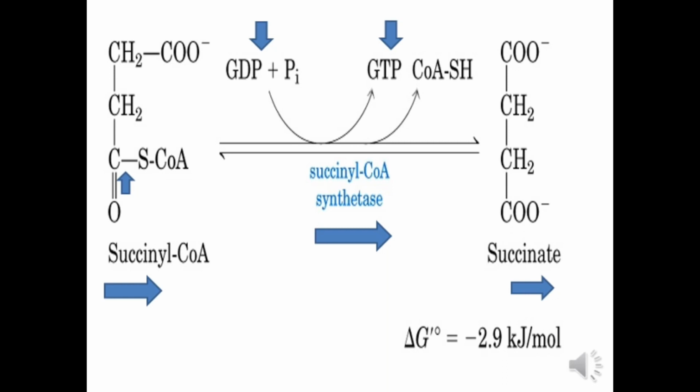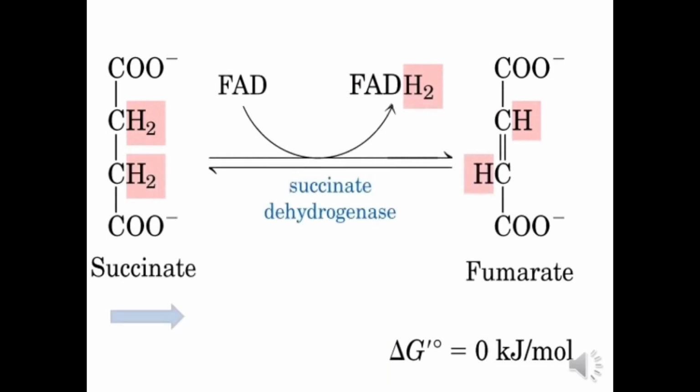In reaction 6, the succinate undergoes dehydrogenation forming fumarate. Is catalyzed by succinate dehydrogenase. Dehydrogenation means removal of hydrogen.